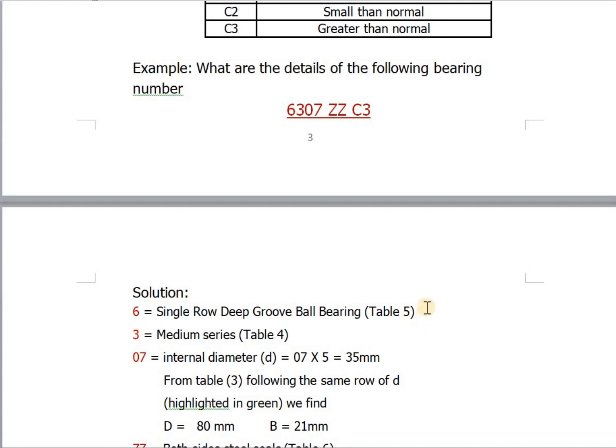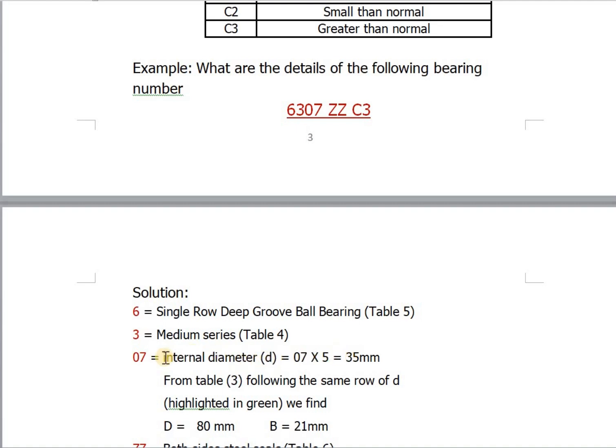We can get it from table 5. 3 means medium series. This is 3. 07: we discussed before that every number of 04 or greater is multiplied by 5. That means 7 multiplied by 5 means 35.